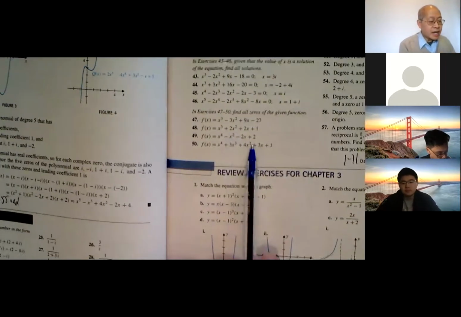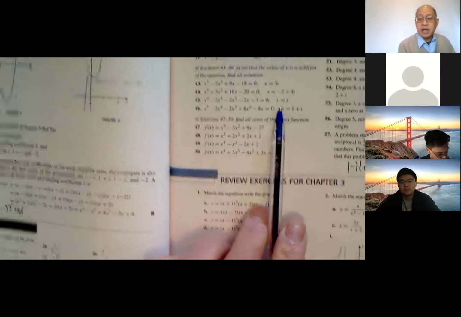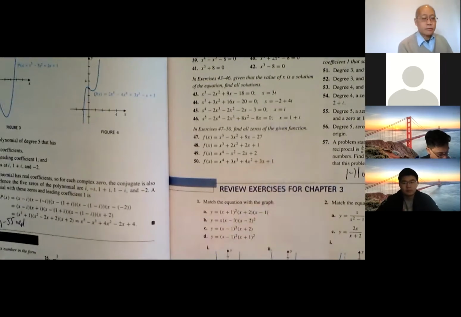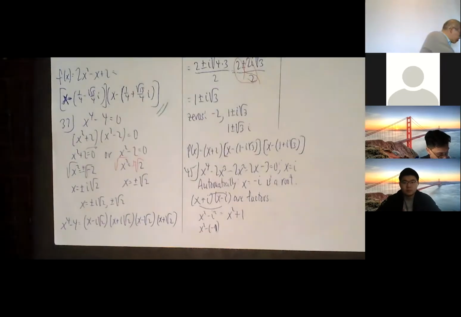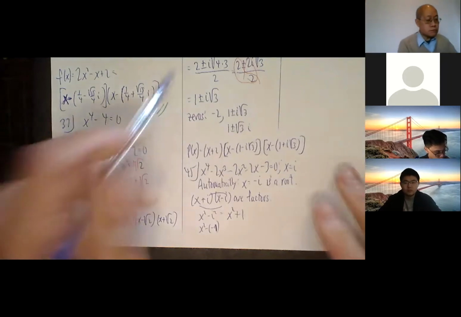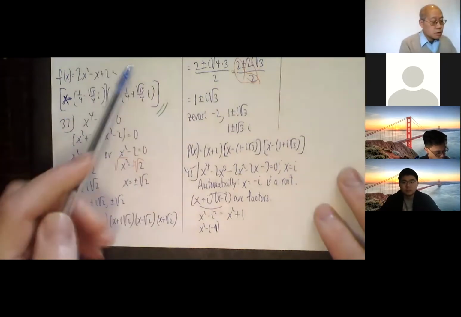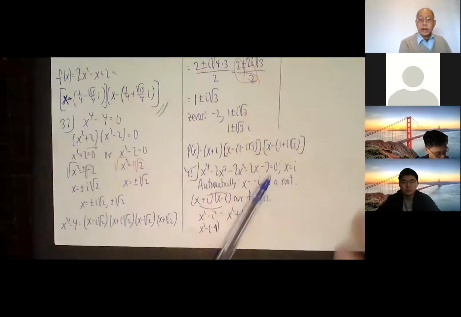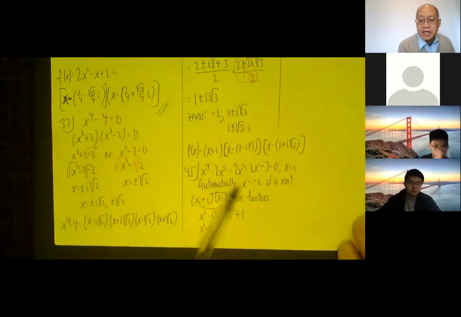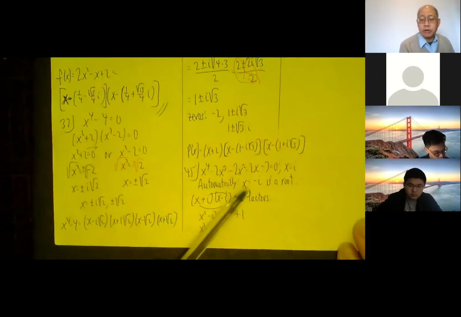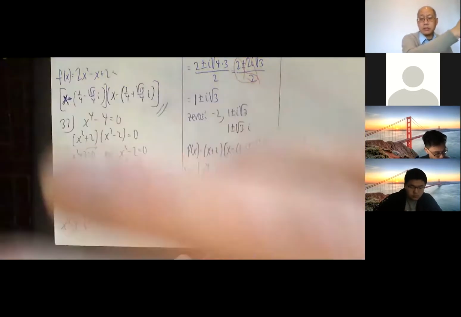So I is like 0 plus I. The conjugate is 0 minus I. Okay, so automatically x equals negative I is also a root or 0 of the solution.